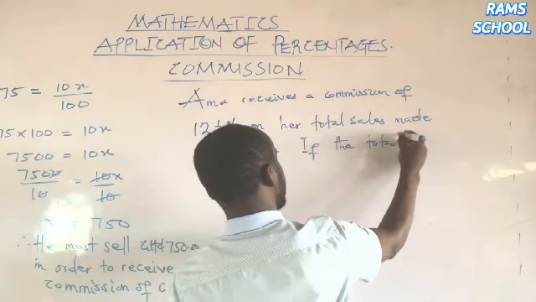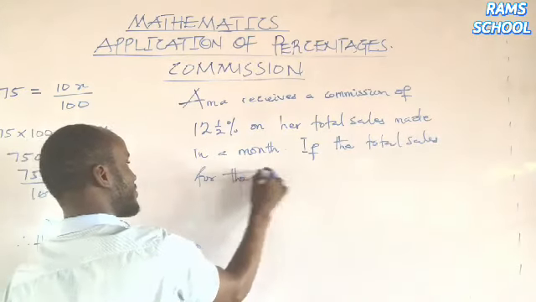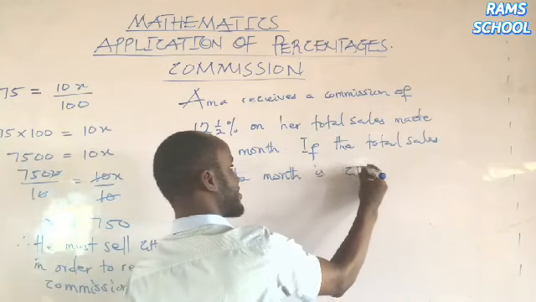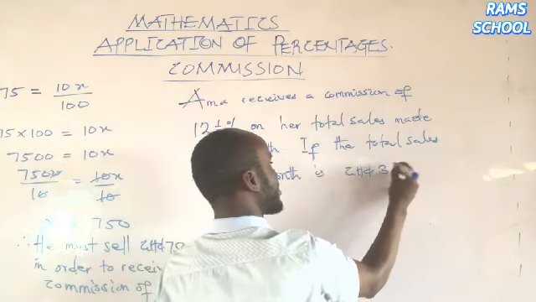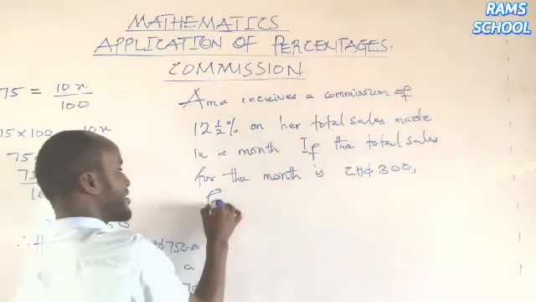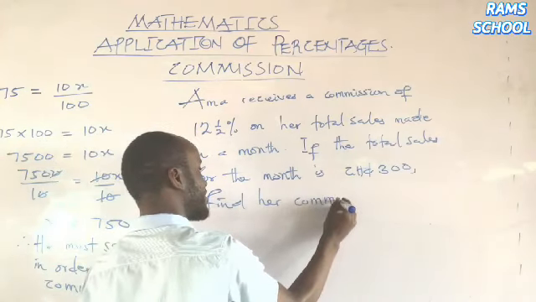If the total sale for the month is 300 Ghana cedis, find her commission.